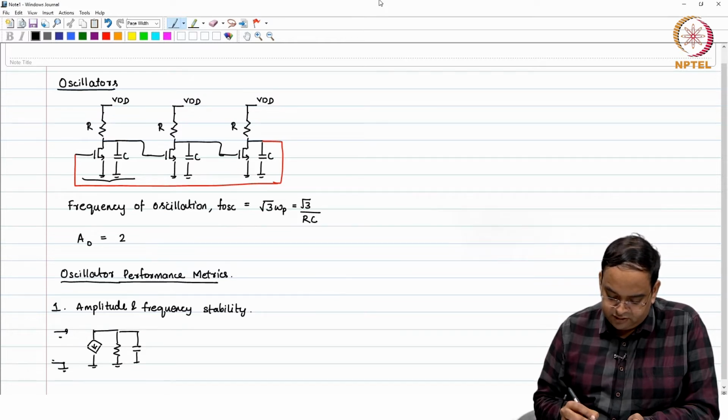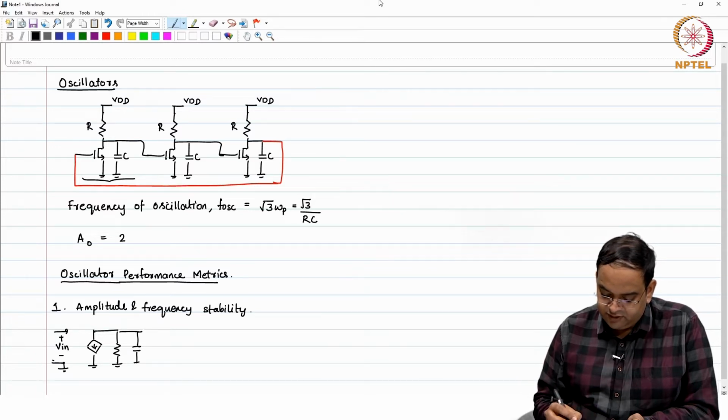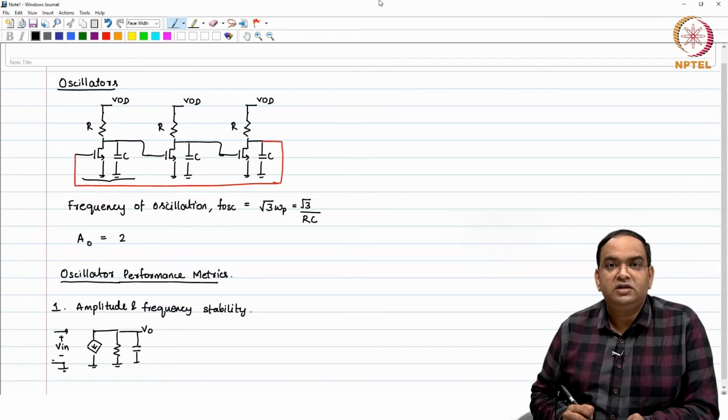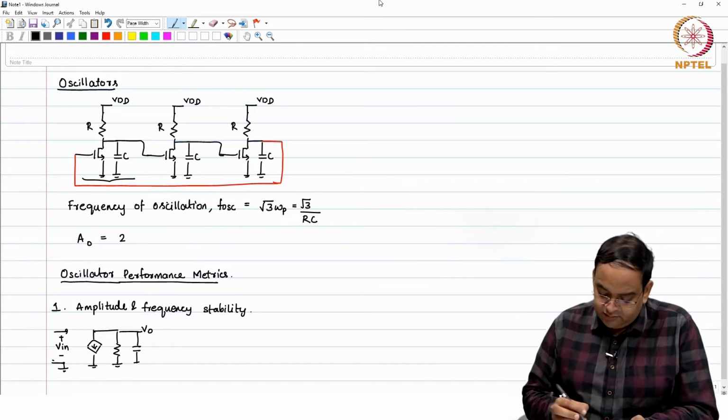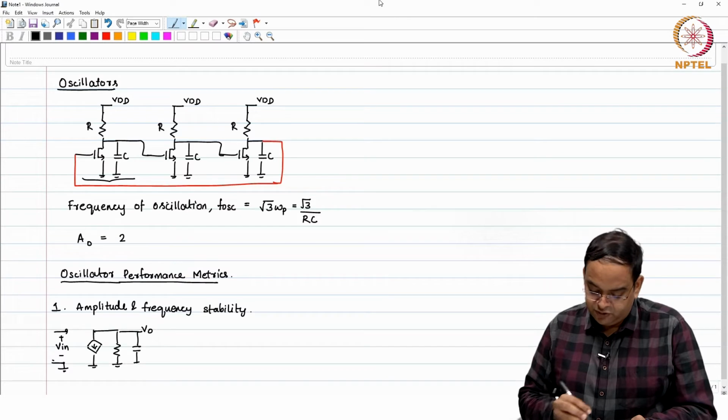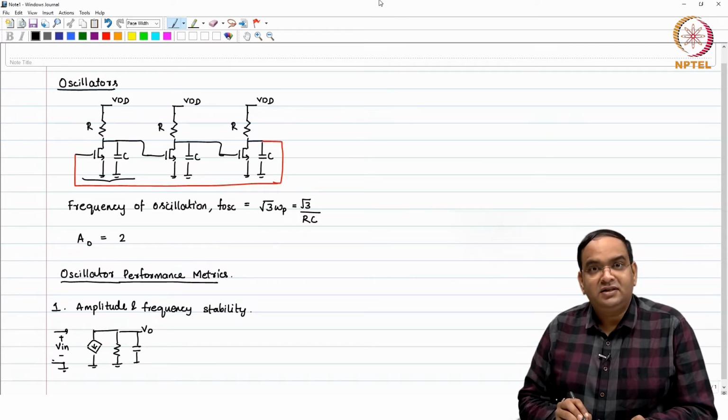Okay. So, if this is input V in, we have this as V out. This was the small signal model of the transistor, because the transistor is a nonlinear device.